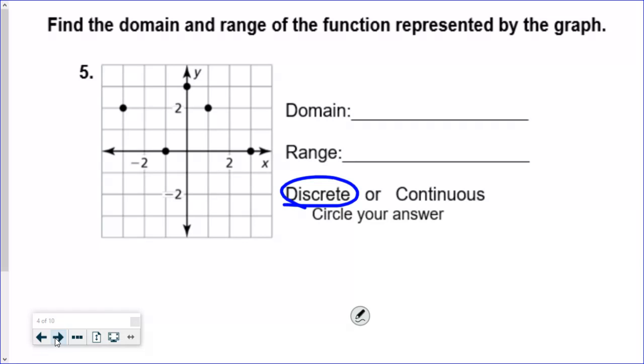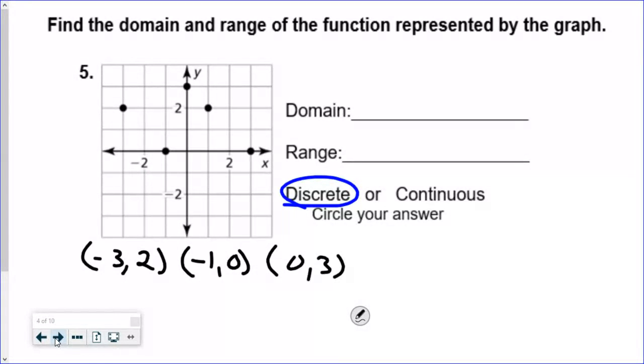Okay, so we have 1, 2, 3, 4, 5 ordered pairs. So we have -3, 2. We have -1, 0. We have 0, 3. Missed that one, 1, 2, and 3, 0. So remember, my domain is my x values.